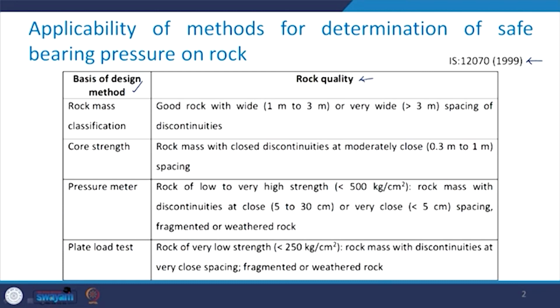The first one deals with rock mass classification. In case you have good rock with wide or very wide spacing of the discontinuities, then you can find out the safe bearing pressure on rock using the approach based upon rock mass classification.